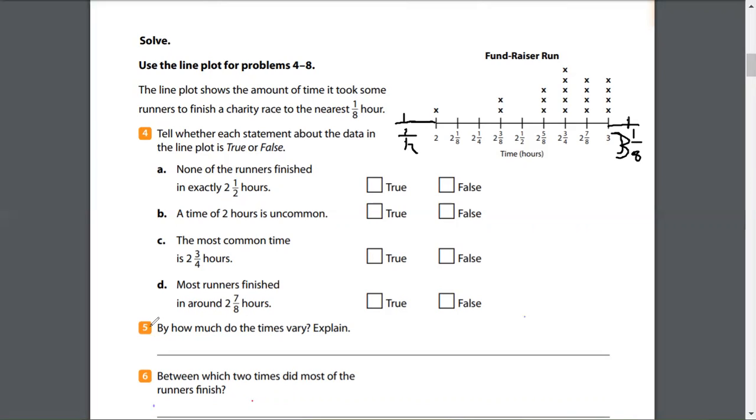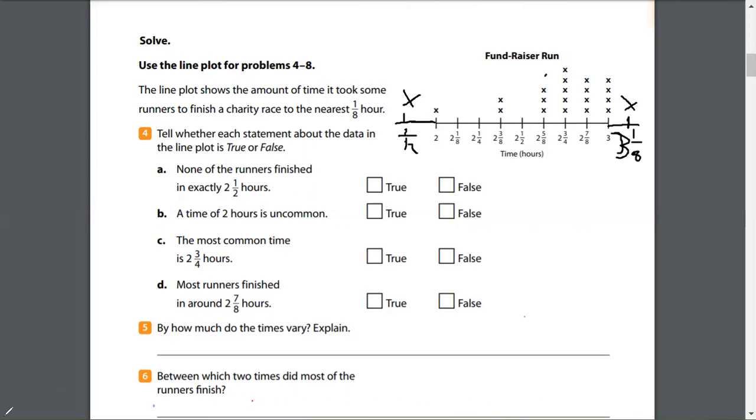I'll mark right here. So now we have 2 of our 10 points. We need 8 more, right? So where do you think the other points would fall just by looking at the data that we have already? We can do 2 5/8.